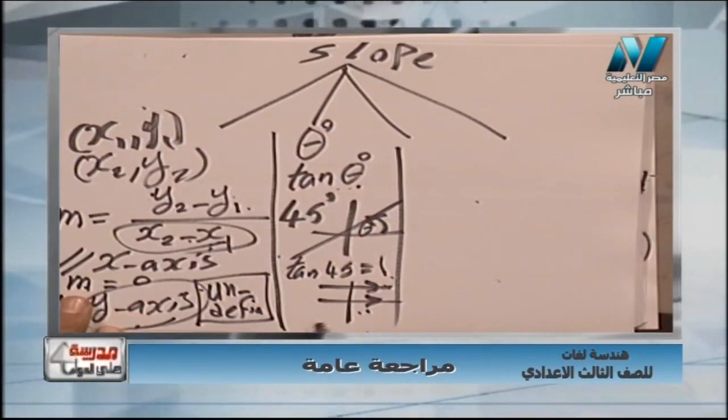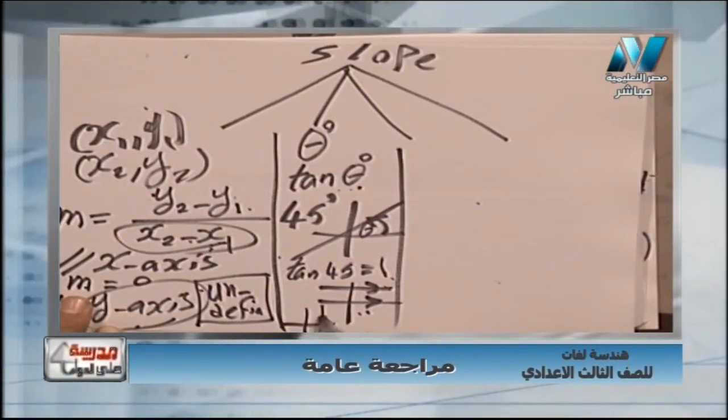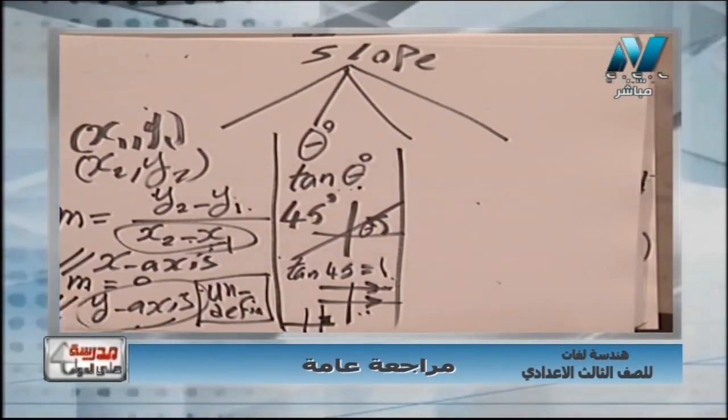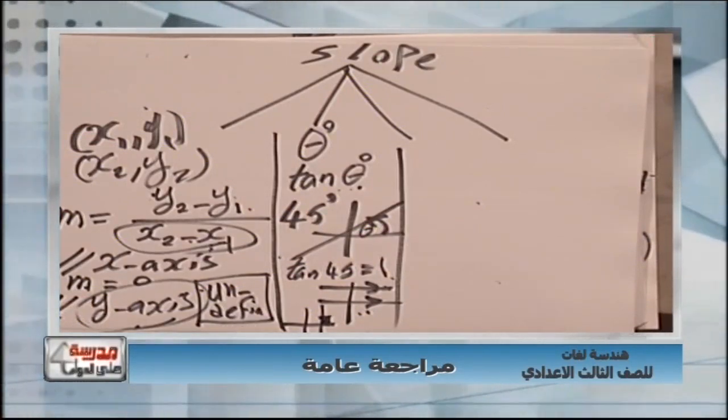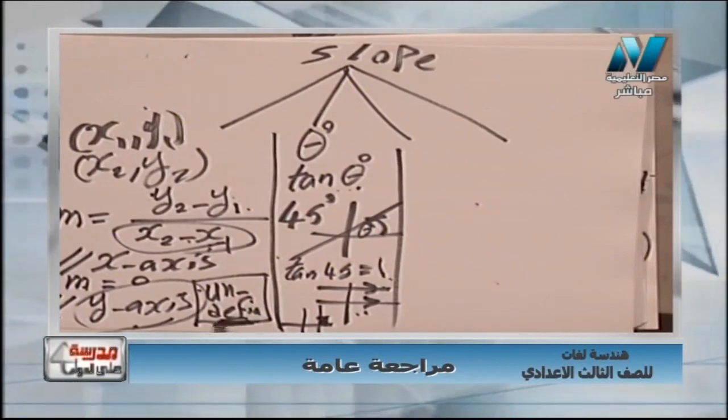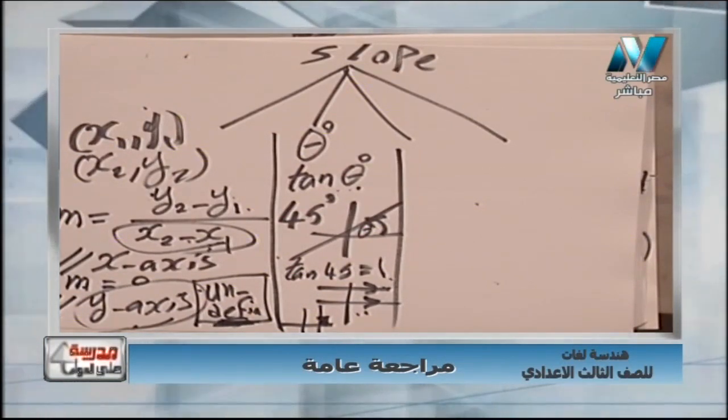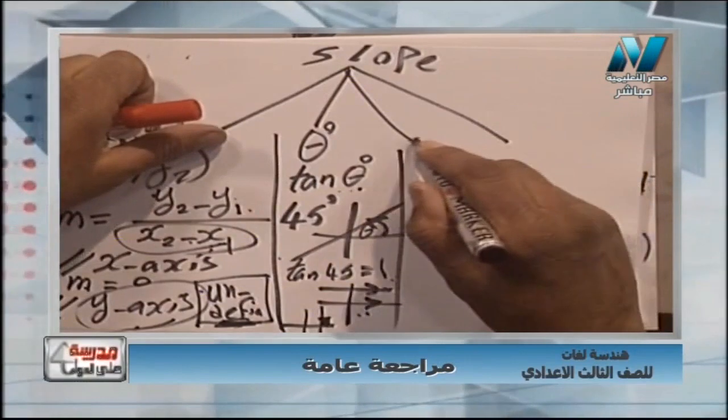And when the line is parallel to the y-axis, your angle is 90, and if you put tan 90 on your calculator, we get a math error. It means an undefined value.